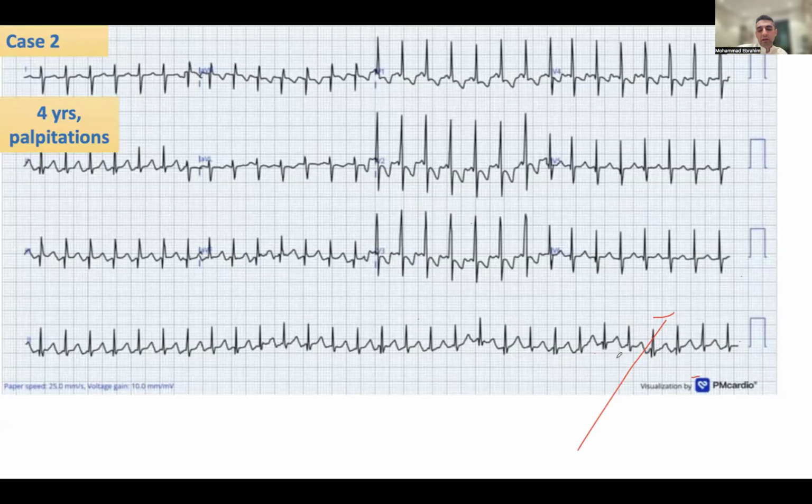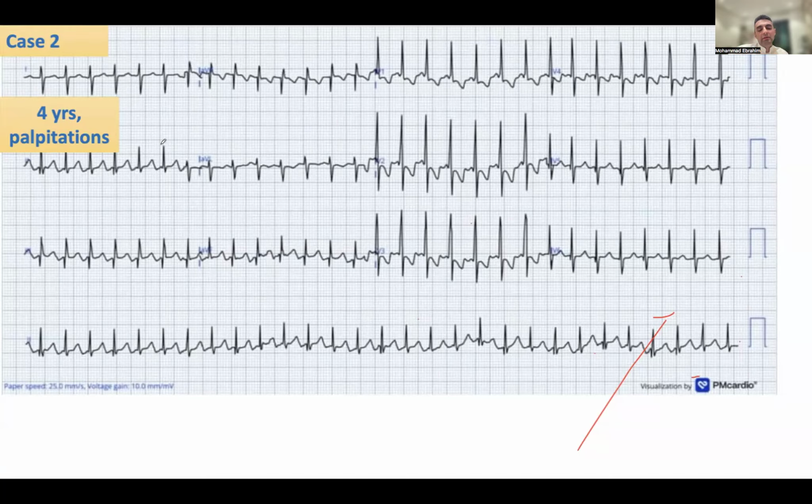So this is another case, a 4 year old patient with palpitations. Again, as you can see, there is a tachycardia, maybe 180, 190 beats per minute. The tachycardia is narrow complex.